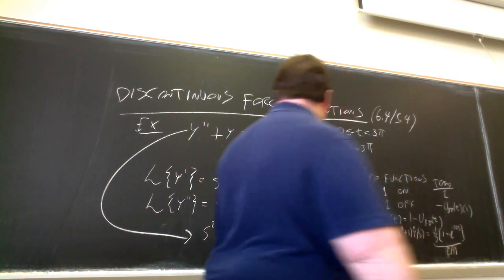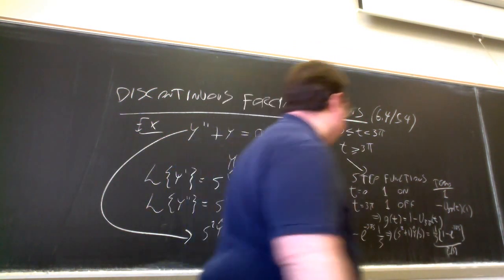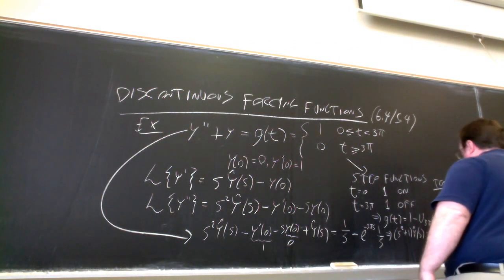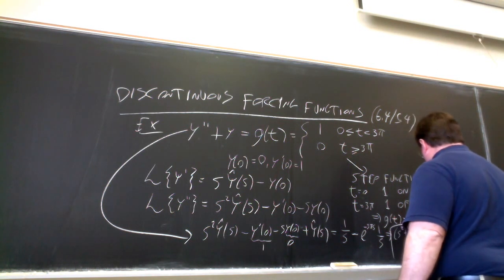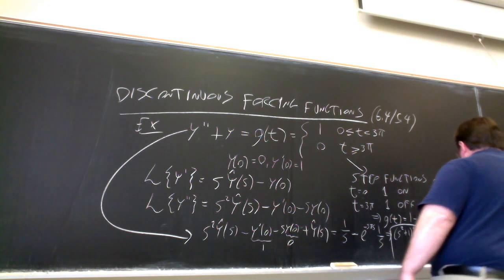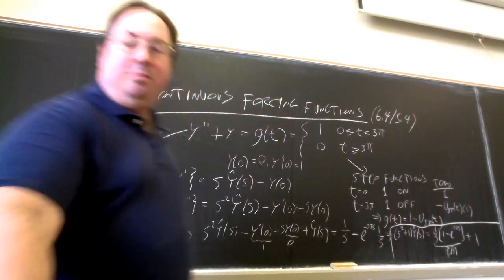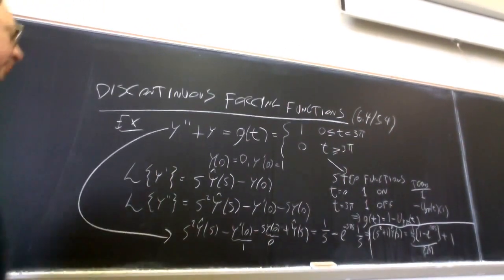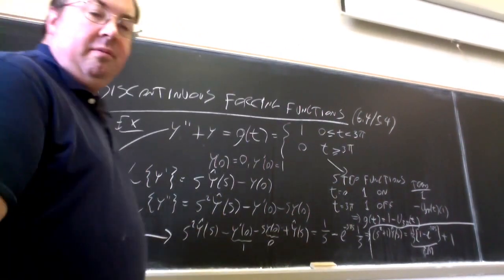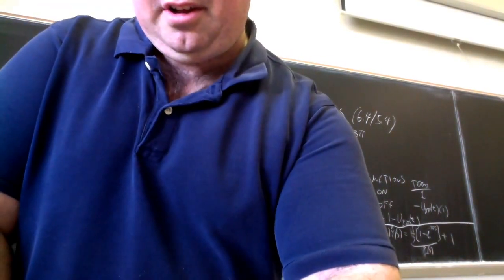And then from moving this term over to the other side, we get plus 1. So down there in the boxed off space is what we get when we transform both sides of the equation.